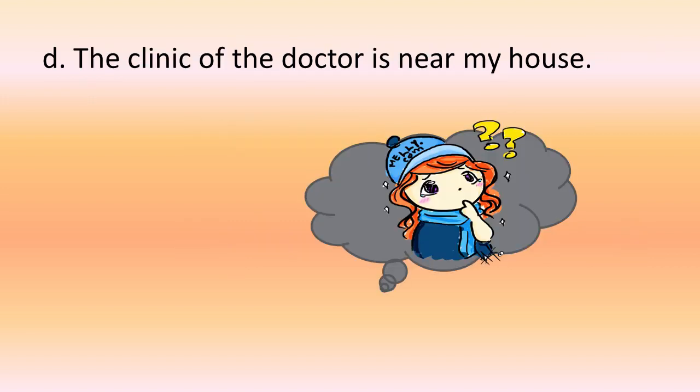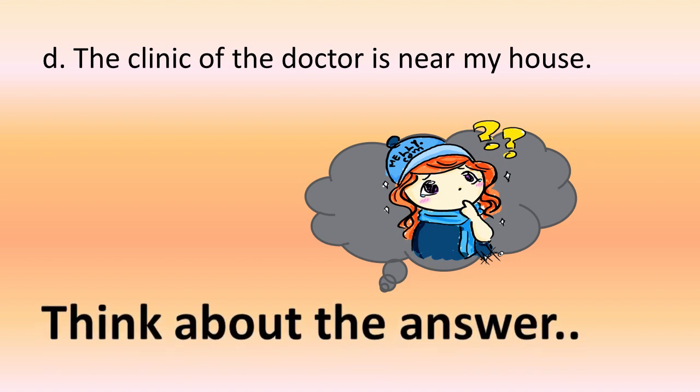Last one, part D. The clinic of the doctor is near my house. Let's detect who is the owner and what is his belonging. Please think about the answer and let's move to question number 2 of the worksheet. It says, make a sentence using correct possessive forms of the following nouns.